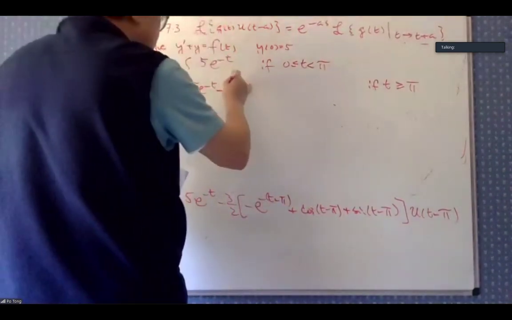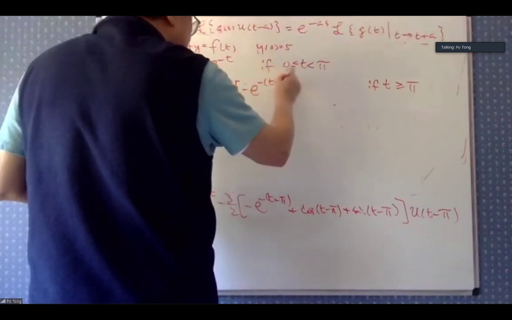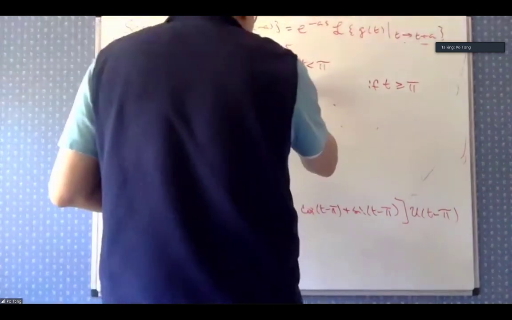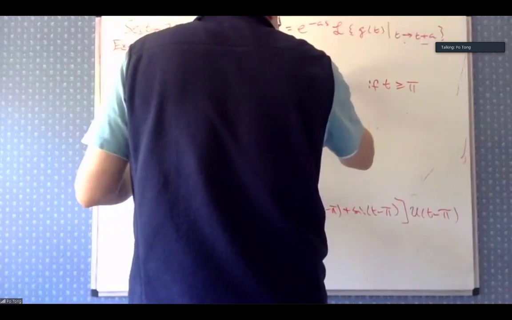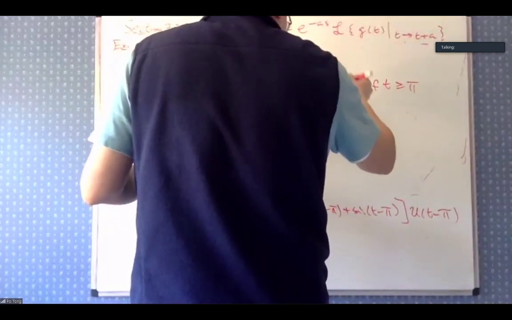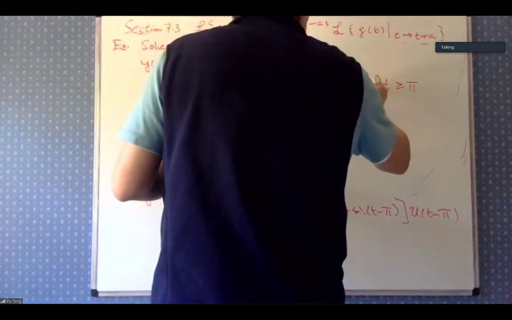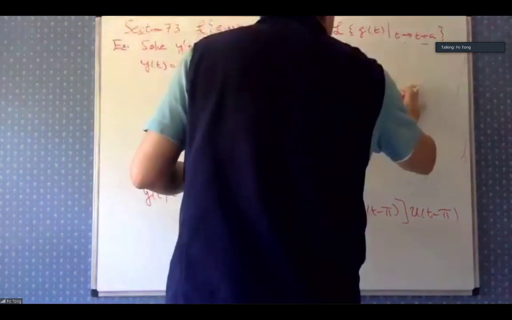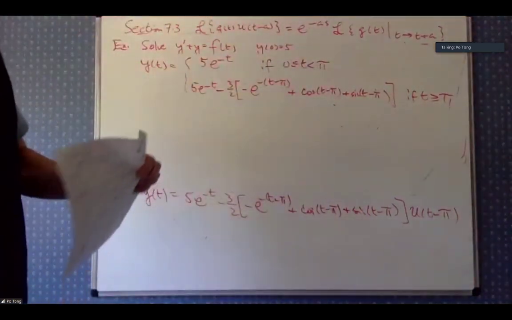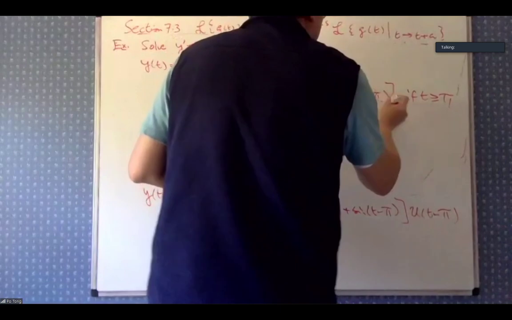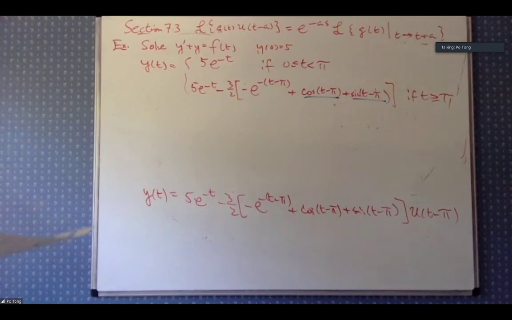Minus 3 over 2, minus e to the negative (t minus pi), plus cosine (t minus pi), plus sine (t minus pi). Okay, this is what happened later. If you like, you can also simplify this too, expand it out using the trig formula.